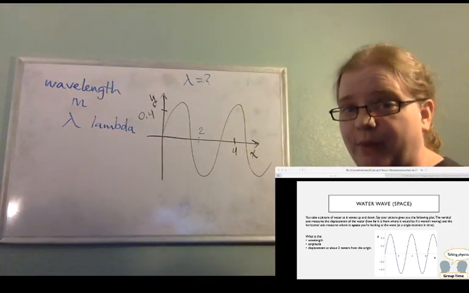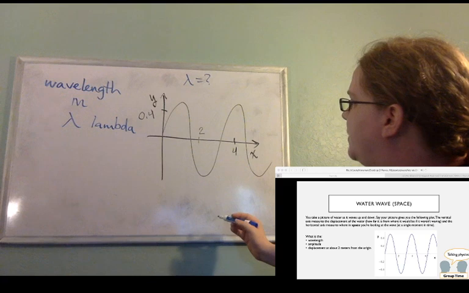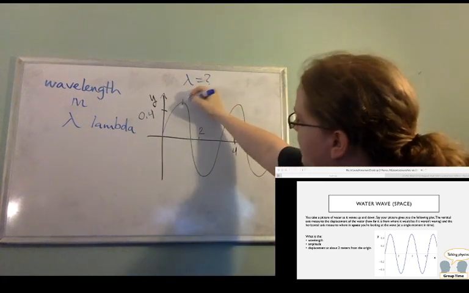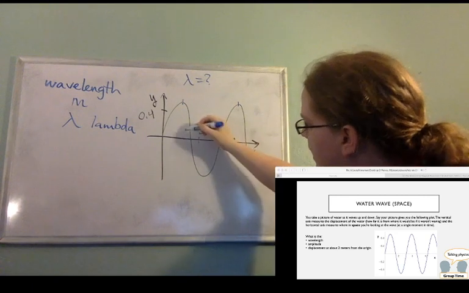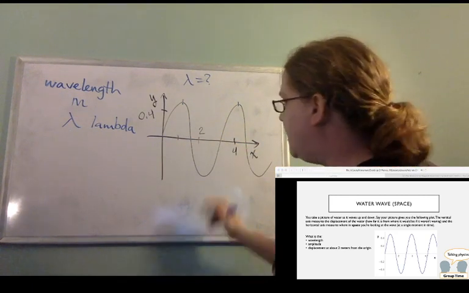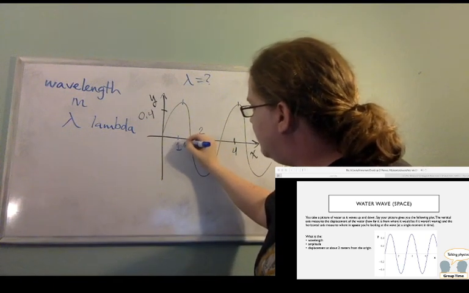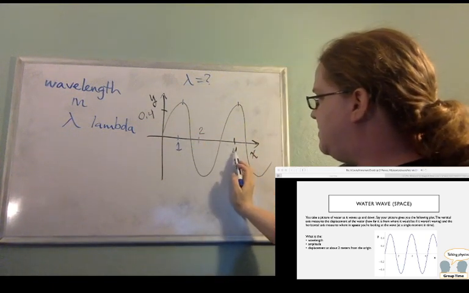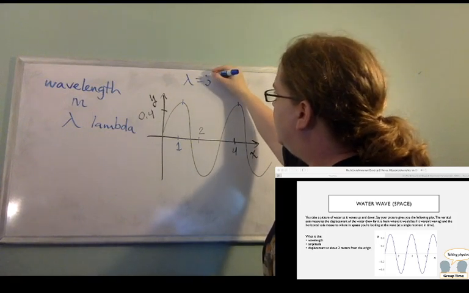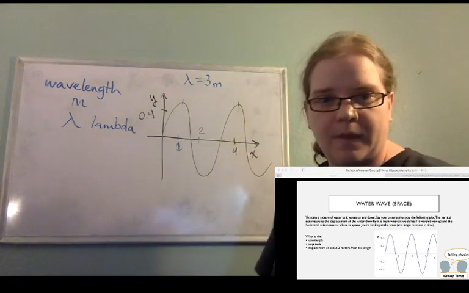for this particular wave? Okay, so again, there's a couple different ways you could do this. You could go here to here and estimate what that value is. That would be fine. I would estimate that to be around 1. And so then the difference would be 4 minus 1, and that would be a wavelength of 3 meters.